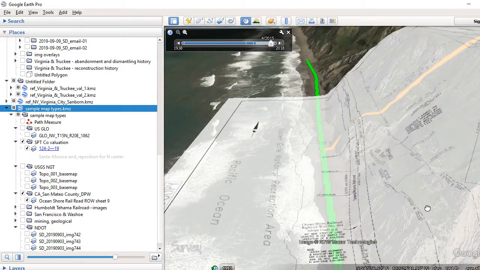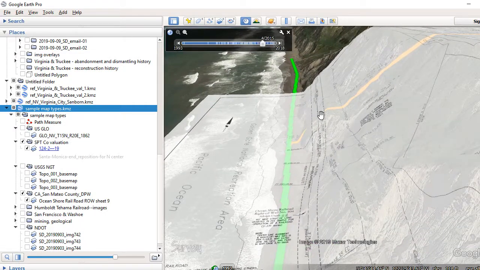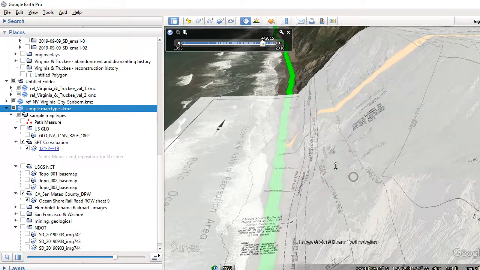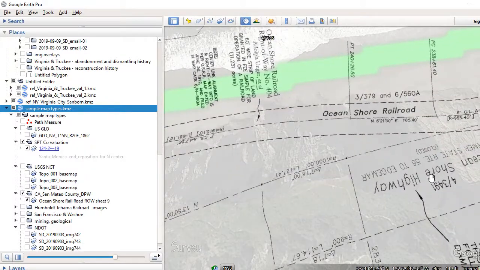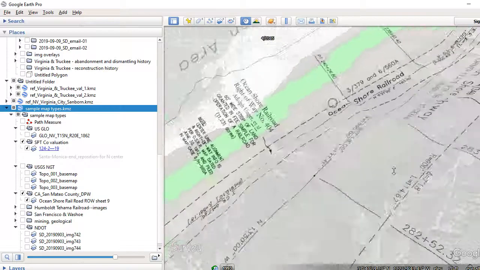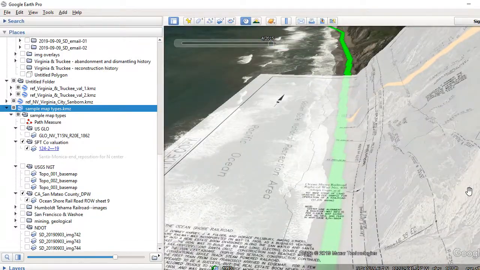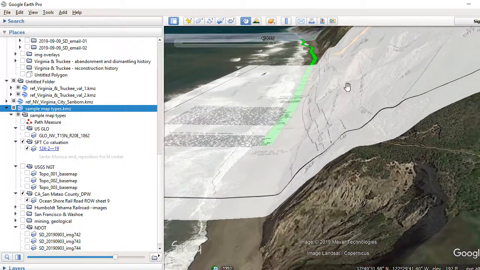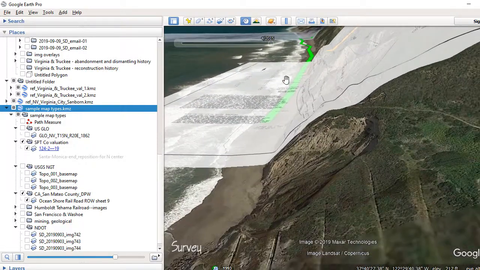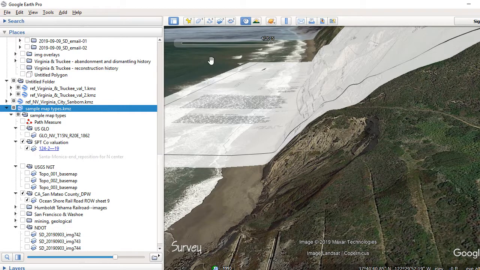This area right here, after Ocean Shore was abandoned in 1920, became the highway, and then there was an earthquake in 1958, and all this land is now gone. It fell into the ocean. This spot right here is actually where the San Andreas Fault leaves the continent and enters the ocean.